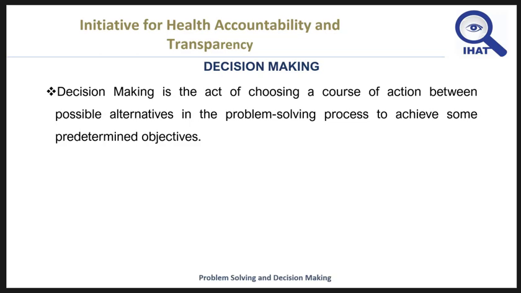Decision-making is the act of choosing a course of action between possible alternatives in the problem-solving process to achieve some predetermined objectives. It involves commitments towards a particular course of action. It helps managers to identify organizational problems and they then attempt to solve them. Decision-making is carried out at all management levels in an organization.